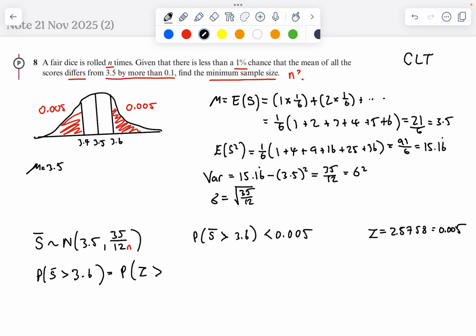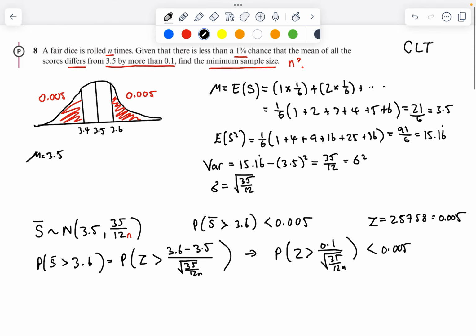So my Z has to be greater than 3.6 minus the mean, which is 3.5, all divided by my standard deviation, which is the square root of 35 over 12n. And we worked out the value, so Z is greater than 0.1 over the square root of 35 over 12n, and that has to be less than 0.005.